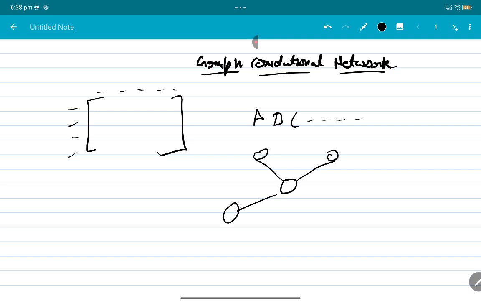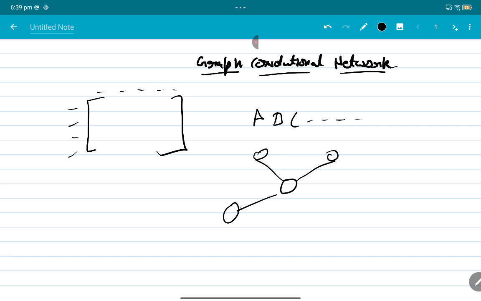But for graphs, where we have nodes and edges, we don't have a particular format to analyze graphs using neural networks. Because in graphs there is no ordering and no definite structure, that is why we need graph convolution networks.